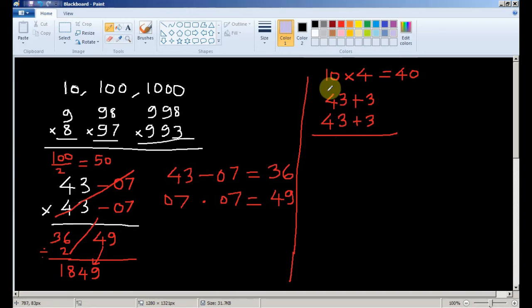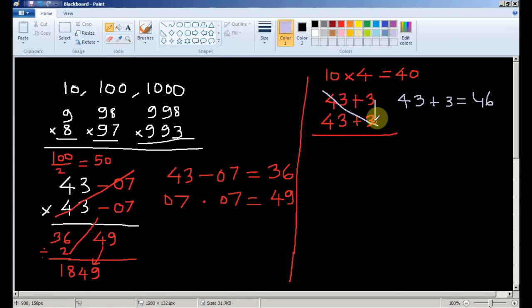This time we are going to do a cross addition because there is a plus sign. 43 plus 3 will give me how much? 46. Yes.